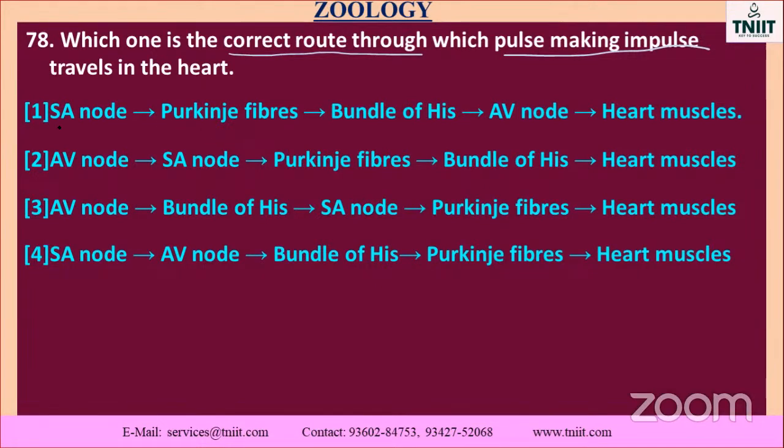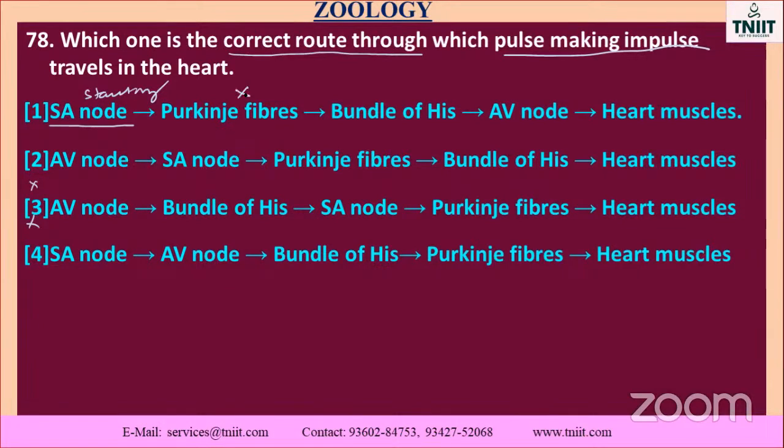First of all, it starts from the sino-auricular node. Yes, the sino-auricular node is the correct starting place. So which one is the highest one? Sino-auricular is here only. The auricular node alone will not come, so the second and third are not possible. Okay. Next, after that, it is transferred to which one? Purkinje fiber?